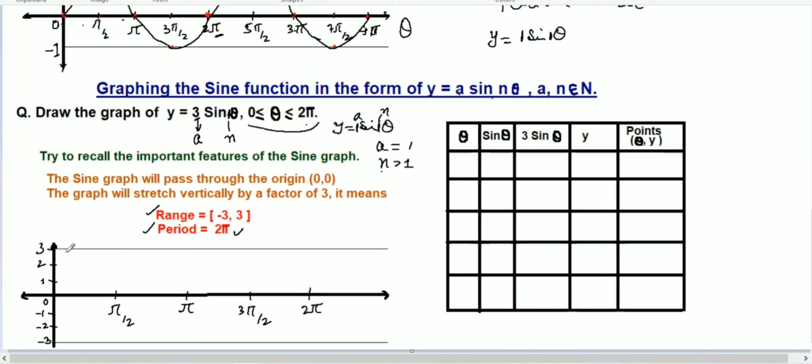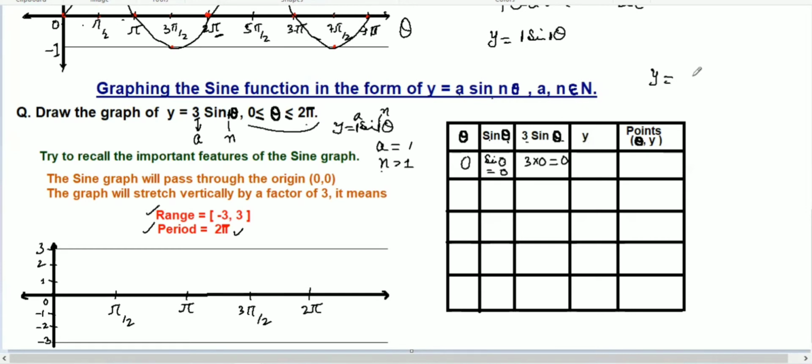First take theta as 0 degrees. We need to know sine of theta, sine of 0, which is equal to 0. Now 3 sine theta means 3 multiplied by sine theta. Sine theta is 0, so 3 multiplied by 0 will be 0.